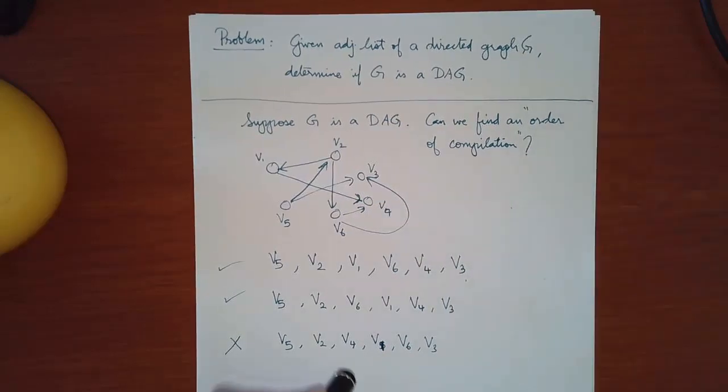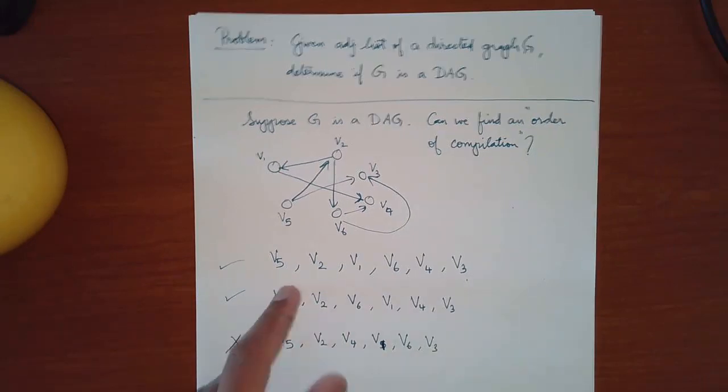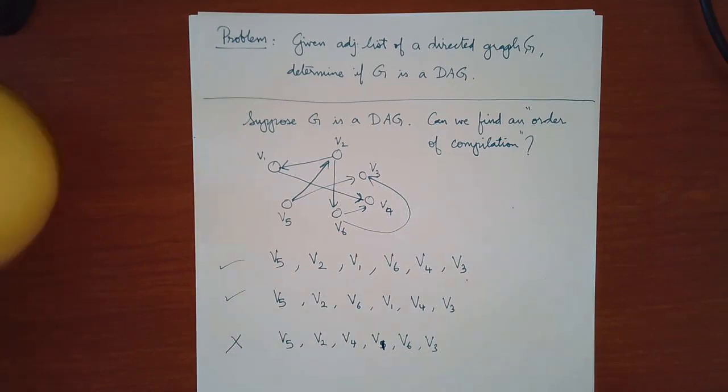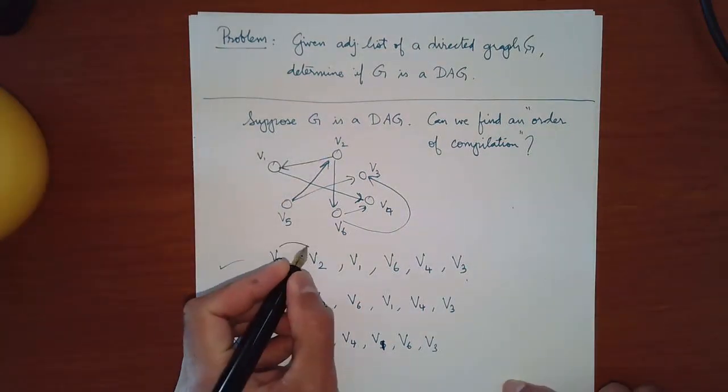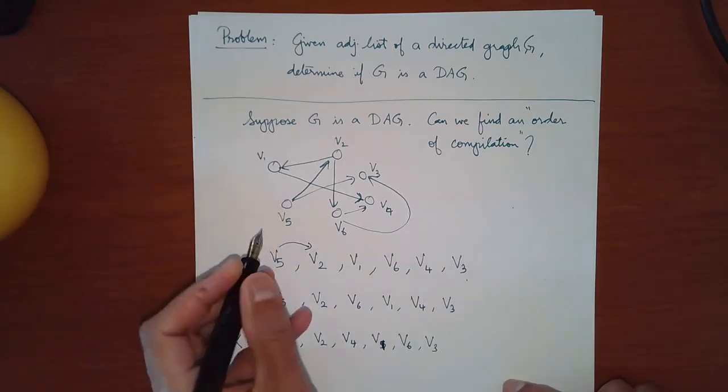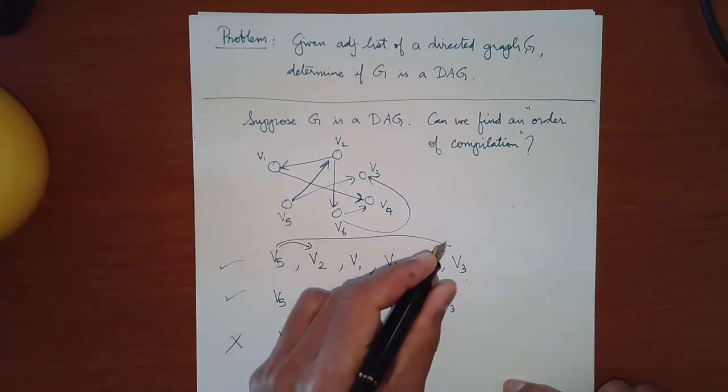Now tell me, what is it about these orderings that's correct and this ordering that's wrong? If you actually were to draw the arrows, you would know what's going on. So I'm going to draw it for you. Let's draw the arrows on my own. V5 to V2, that's that. V5 to V3.